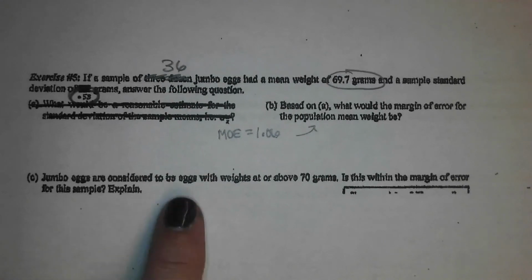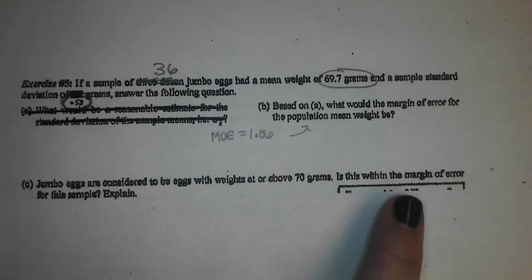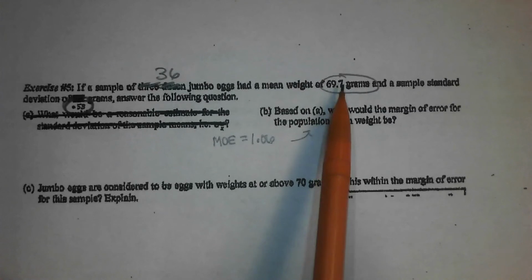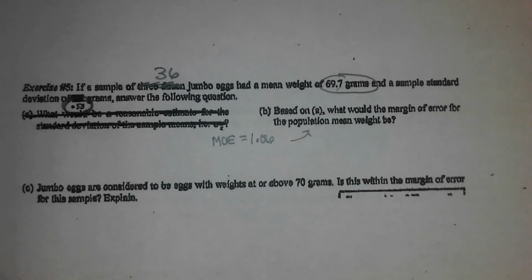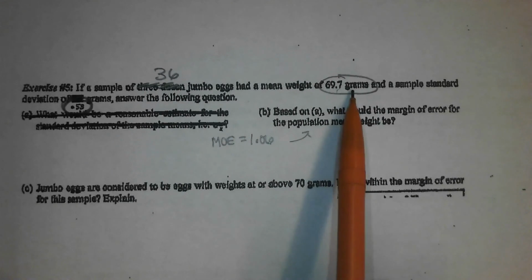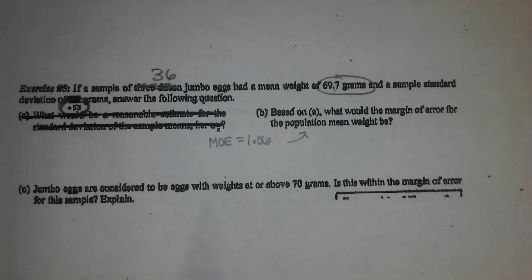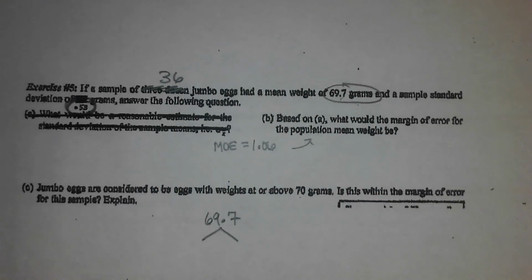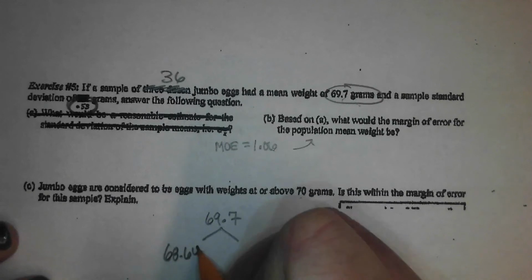So jumbo eggs are considered to be eggs with weights at or above 70 grams. Is this within the margin of error? So our jumbo eggs technically had an average weight that was below what the definition says is jumbo, right? Yet they were still calling them jumbo eggs even though they weighed less than the 70-gram cutoff. Is this acceptable? So if I take 69.7 and actually come up with that window, on the low end 69.7 minus my margin of error would give me 68.64.